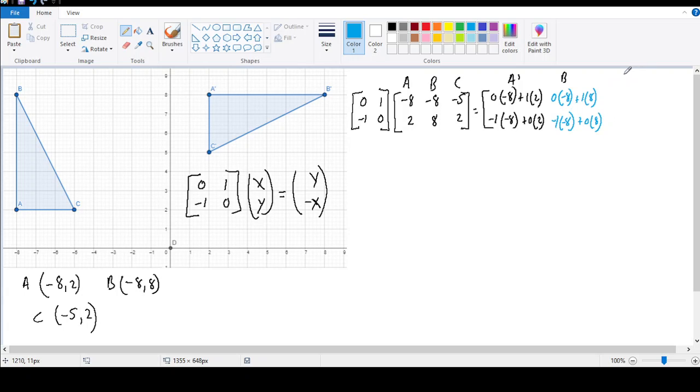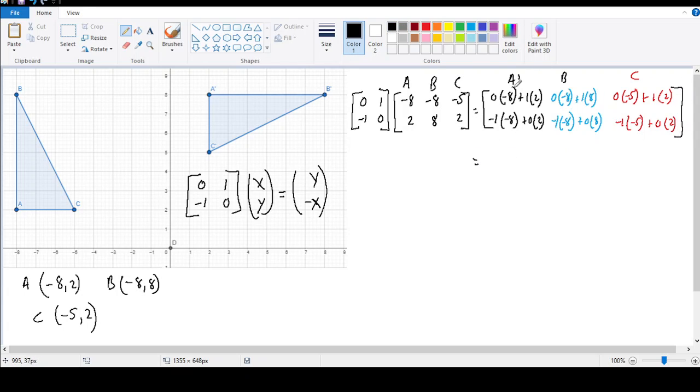Then for C: 0 times negative 5 plus 1 times 2, then negative 1 times negative 5 plus 0 times 2. So we close it there.